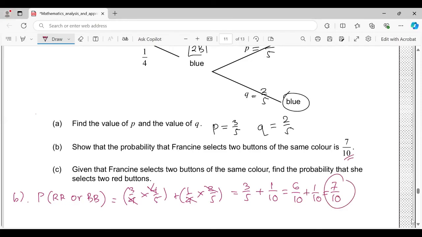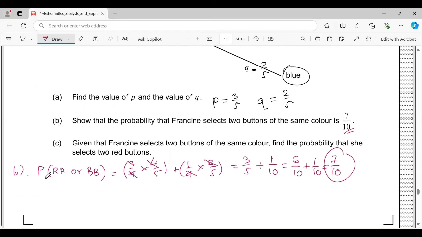Next, C. Given that Francine selects two buttons of the same color, find the probability that she selects two red buttons.